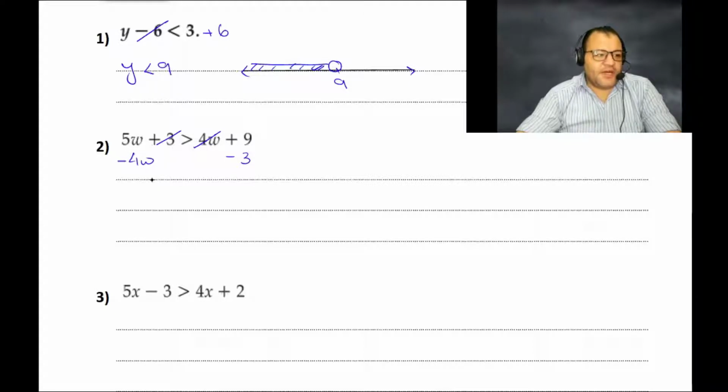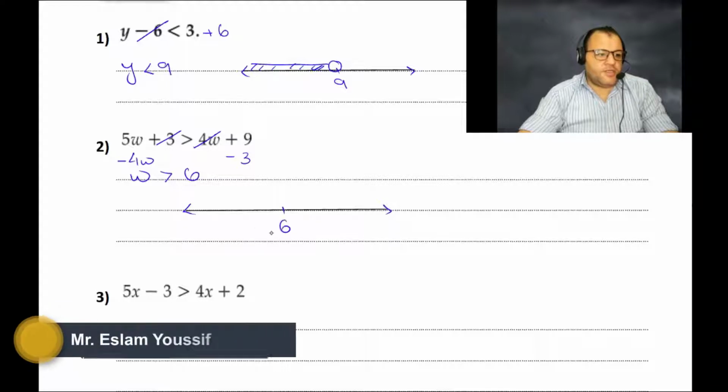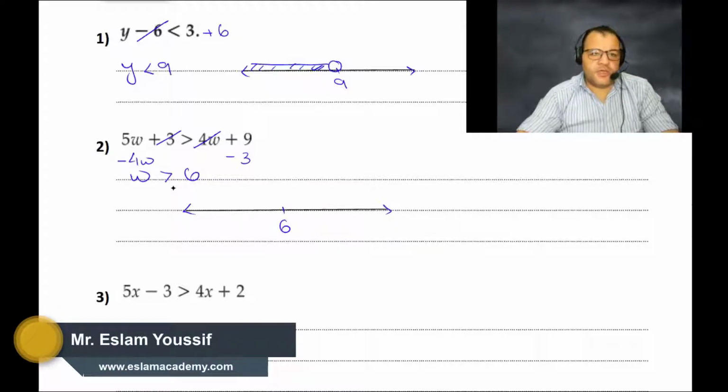So 5W minus 4W is equal to W. W is greater than 9 minus 3, which equals 6. Now if you need to represent 6 on the number line, that is the number line. Now is 6 included or not included? How do we know that it's included or not? Not included.